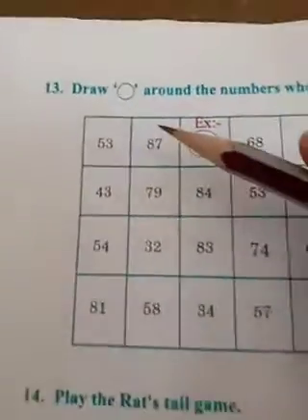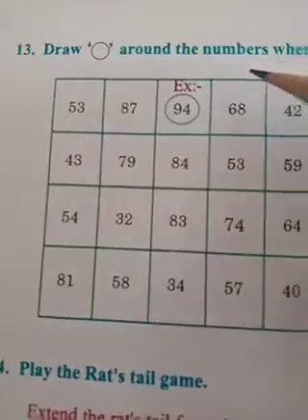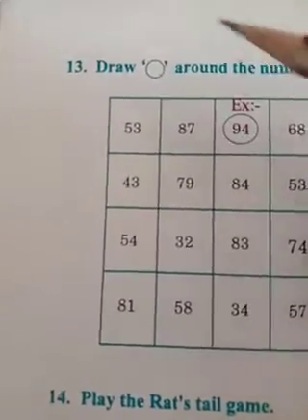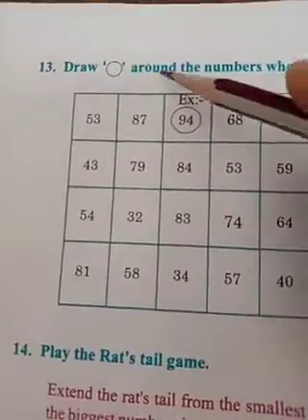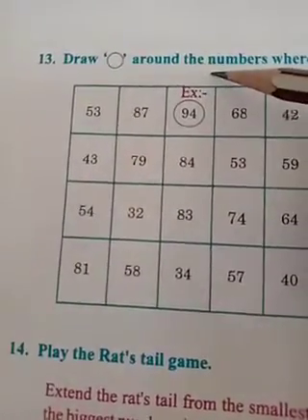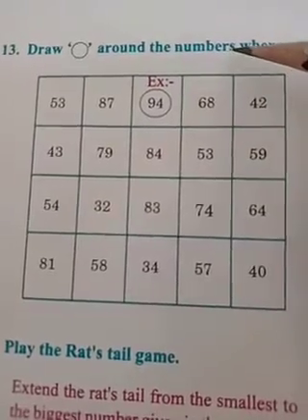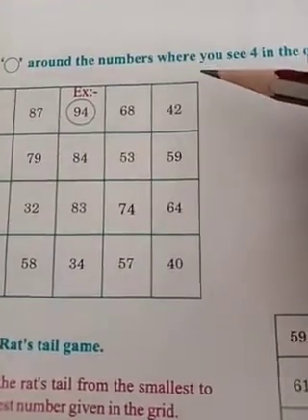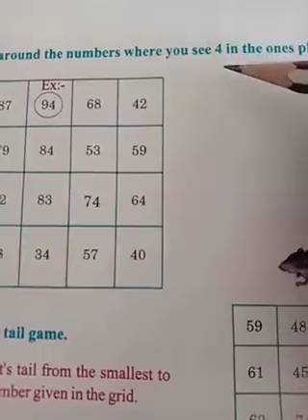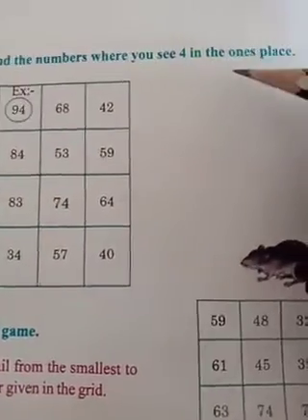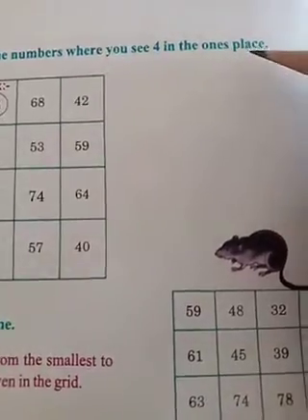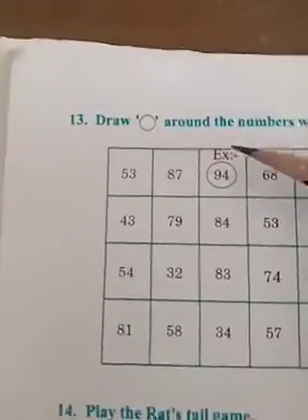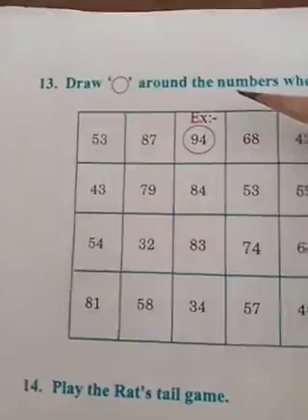13th bit. Draw circle around the numbers where you see 4 in the ones place.